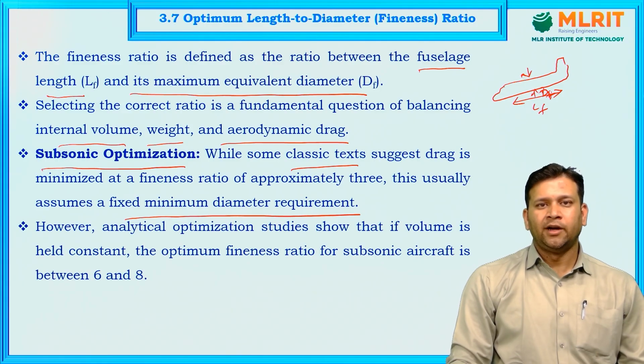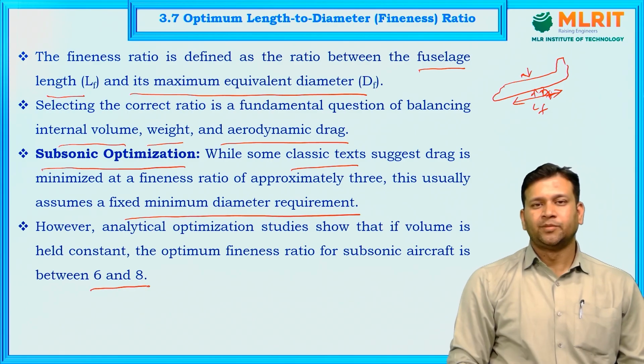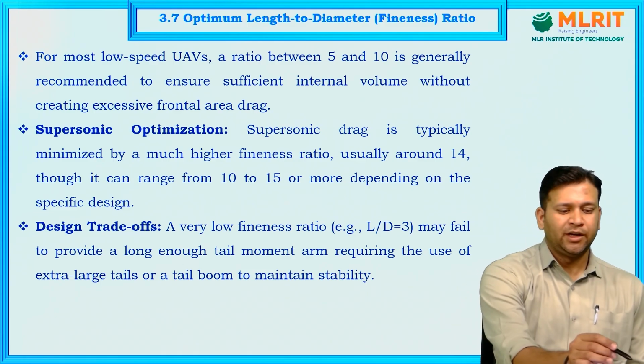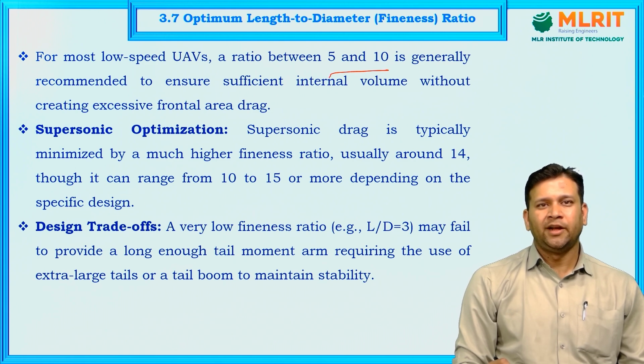However, analytical optimization studies show that if volume is held constant, the optimum fineness ratio for subsonic aircraft is between 6 and 8. For most low-speed unmanned aerial vehicles, a ratio between 5 and 10 is generally recommended to ensure sufficient internal volume without creating excessive frontal area drag.